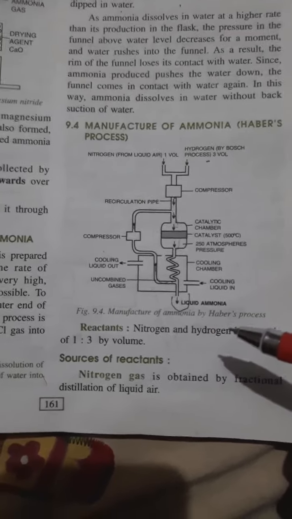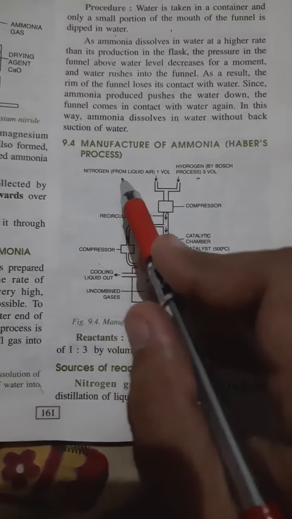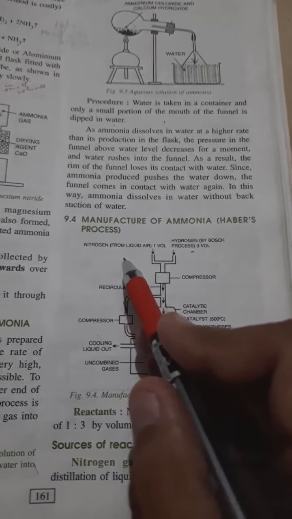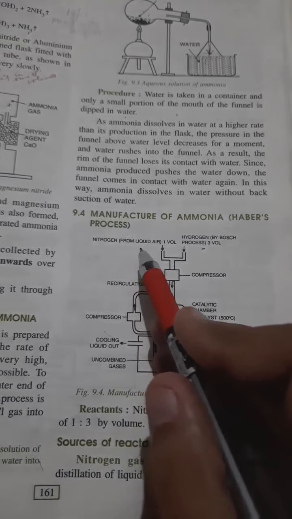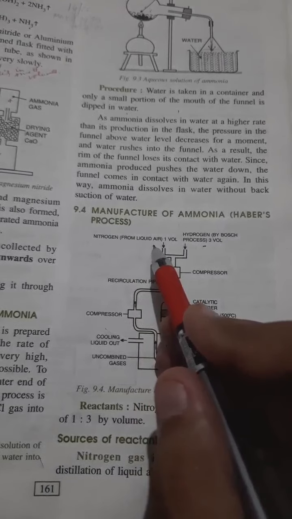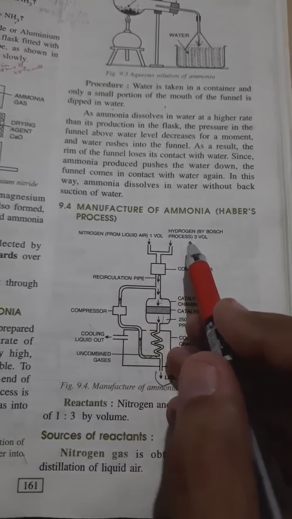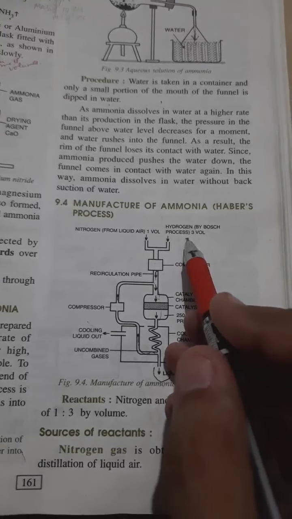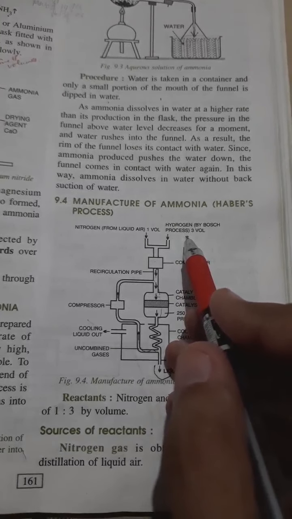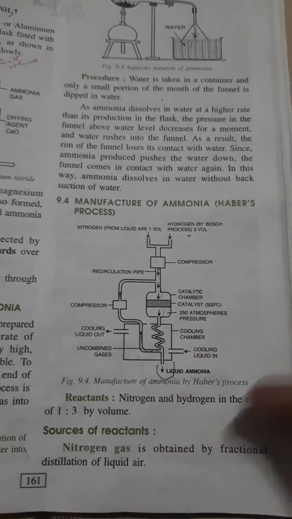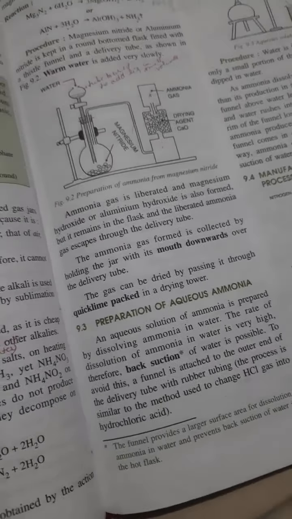And as you already know, the nitrogen here present will be taken from the fractional distillation of air, and the hydrogen present here will be taken from the Bosch process, which you have done in the 9th class, right. Okay, now we are moving to the next part.